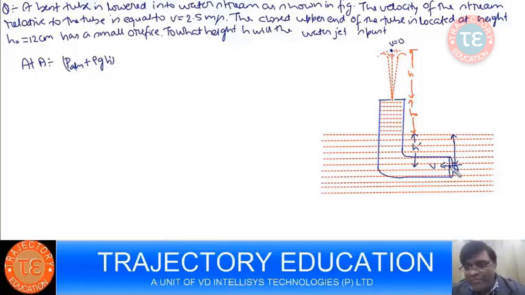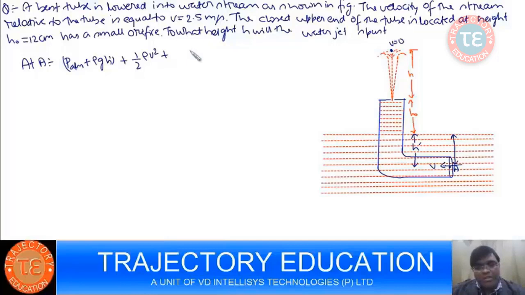This is going to be the static pressure. And the kinetic energy per unit volume, that is dynamic pressure, is half rho v square.